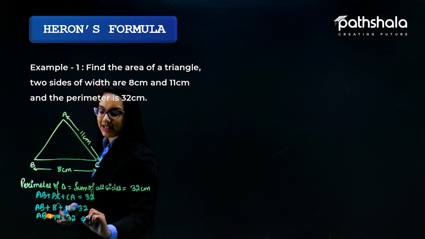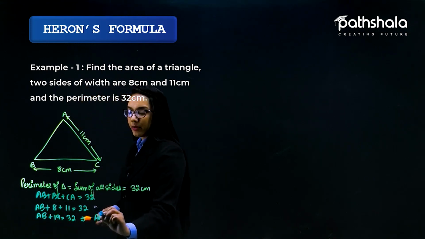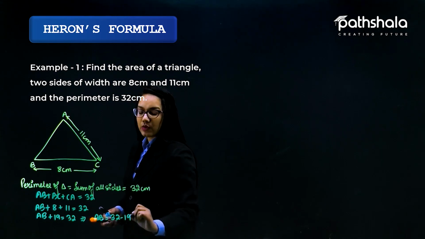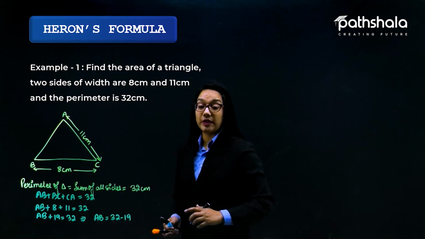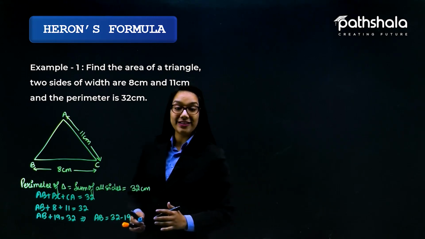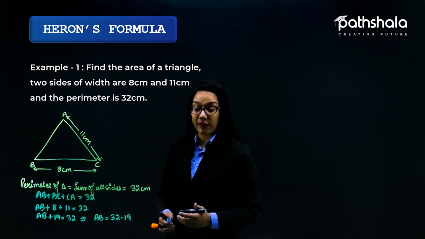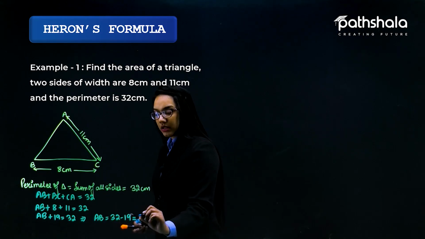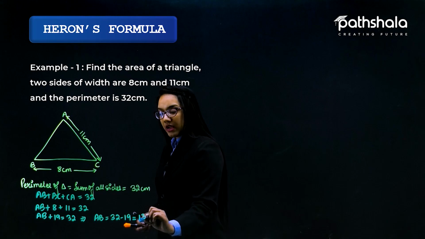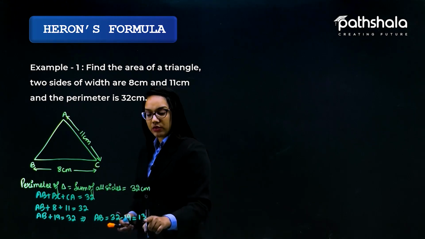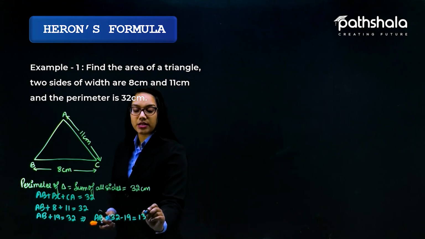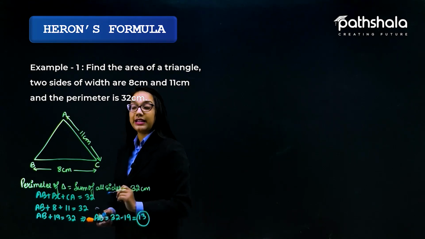It implies that AB is equal to 32 minus 19, which is 13. So hence AB is 13 centimeters.